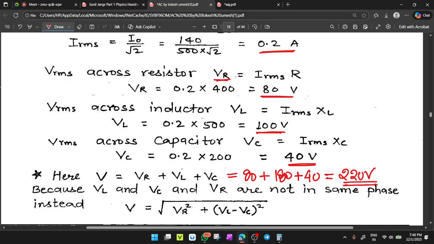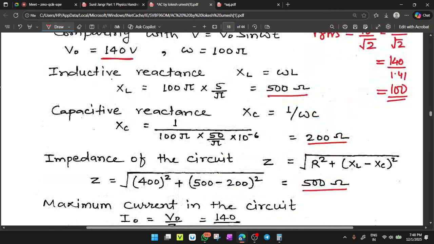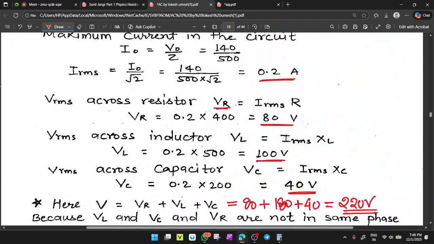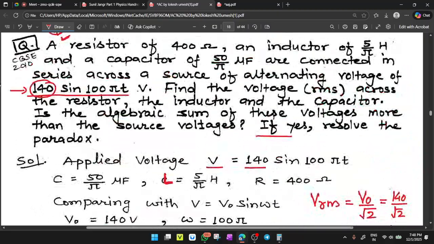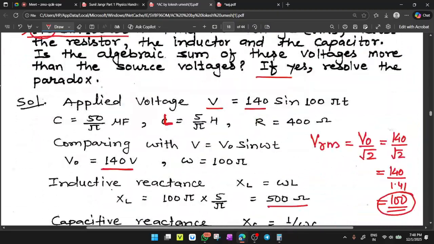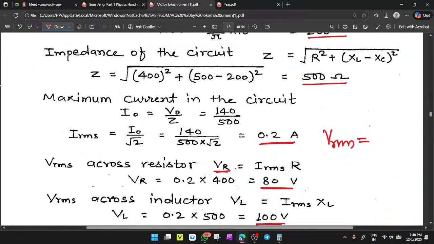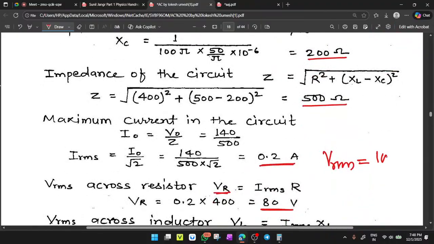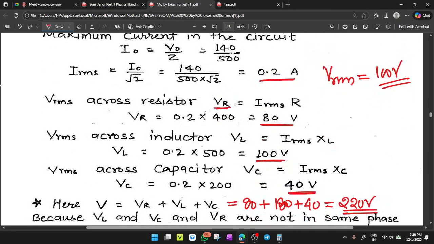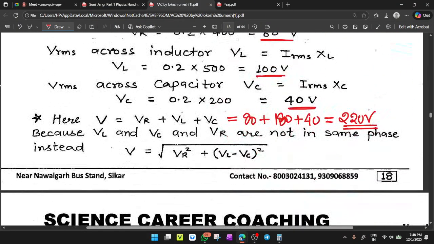But we have applied here a supply with an RMS voltage of only 100 volt. So input is 100 volt and output is 220 volt. Is it possible? No, it is not possible. So why is this coming? Okay, solve this paradox.